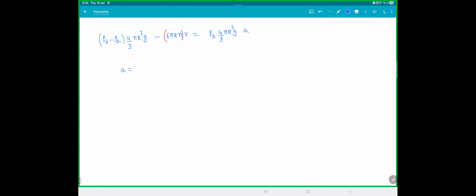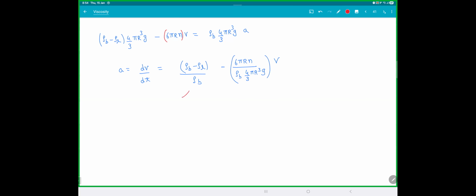So we get acceleration, which is dv by dt, equal to (rho B minus rho L) by rho B times 4 by 3 pi r cube g, minus 6 pi r eta by rho B times 4 by 3 pi r cube, into v.